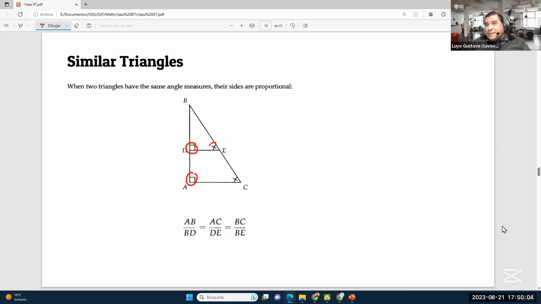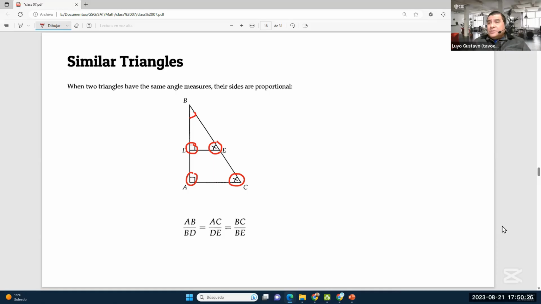Also, this is another common angle, and of course, they share this angle. So they have exactly the same three angles, right? It follows then that the corresponding sides that are opposite to the same angles must be proportional.